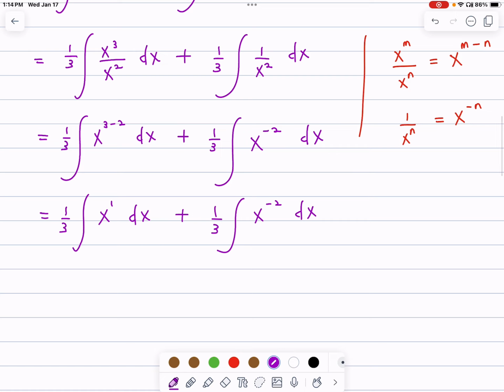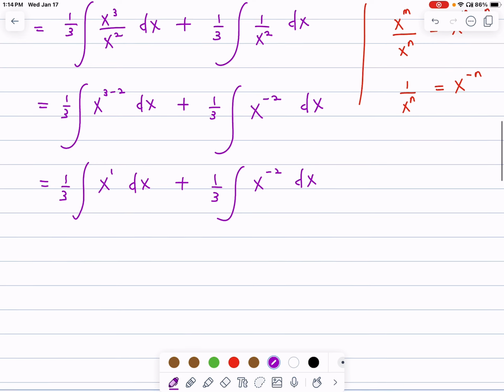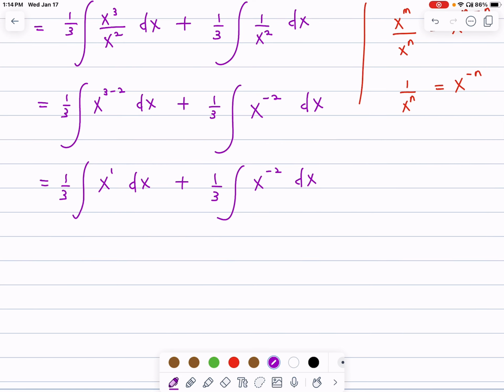And now I can apply the fundamental technique of integration, which is you add 1 to the power and you divide by the new power. So this is just going to be 1 over 3 x to the power of 1 plus 1 over 1 plus 1, plus 1 over 3 x to the power of negative 2 plus 1 over negative 2 plus 1, plus c, right?